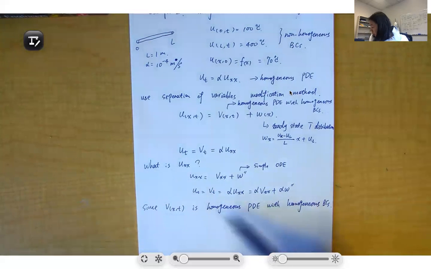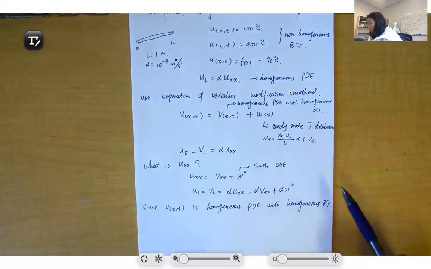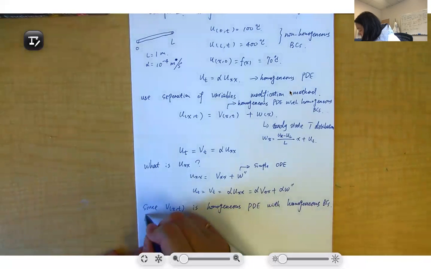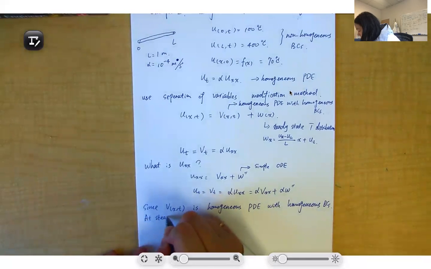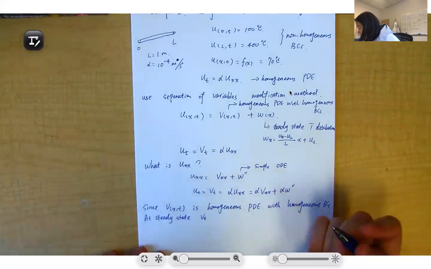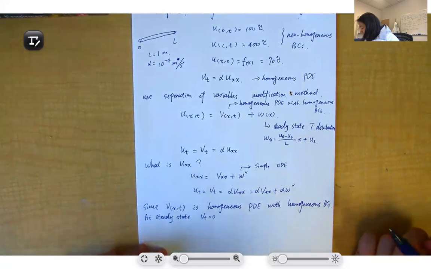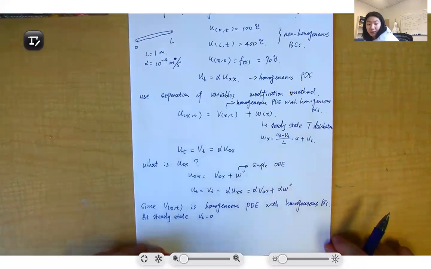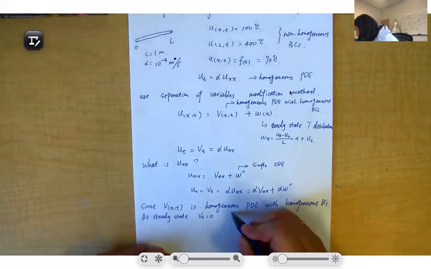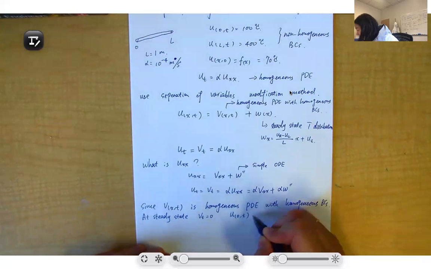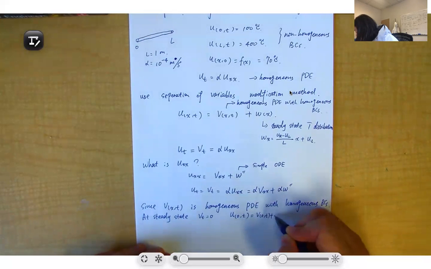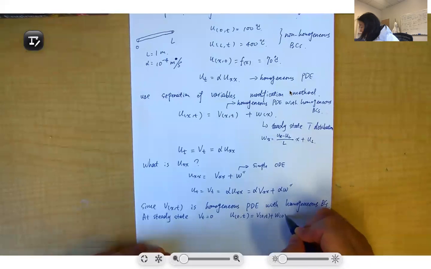And since this assumption, let's assume this is true, then at steady state, this V_t will be equal to 0, because the temperature is not a function of time anymore. V_t equals 0. U(0,t) will be equal to V(0,t) plus W(0).